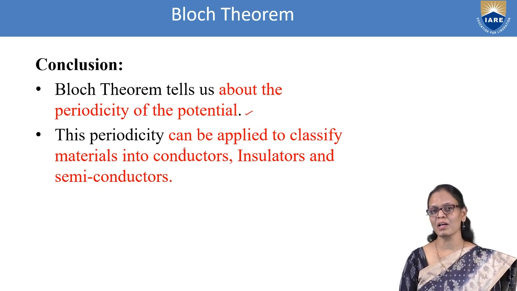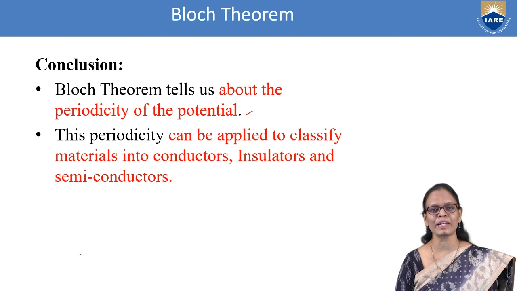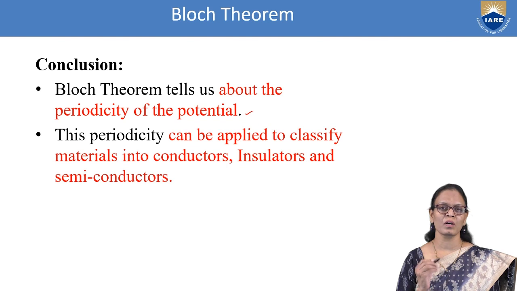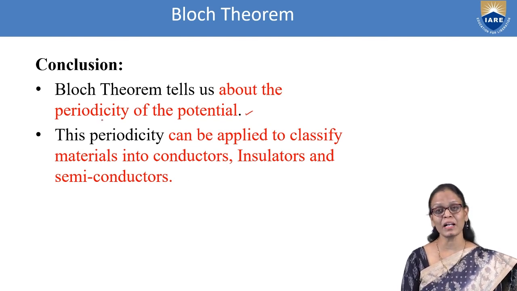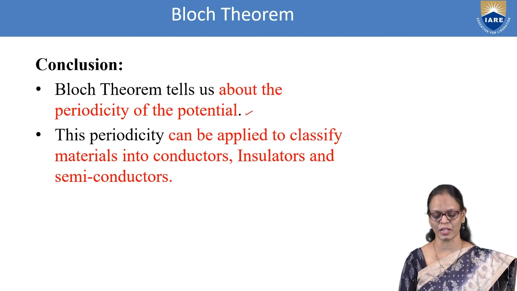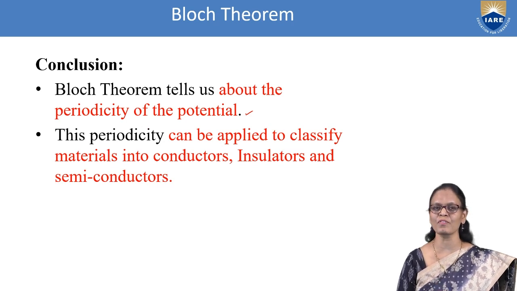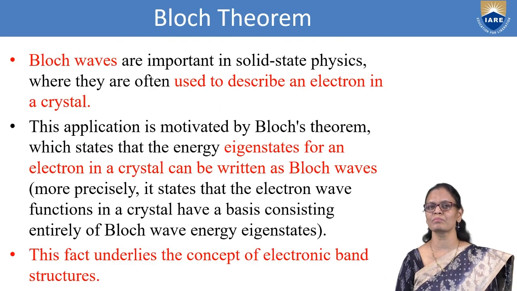Because of the oversimplified assumption that the electron moves in a constant potential, they could not explain the classification. Now, by considering the periodicity of the potential, this classification into conductors, insulators, and semiconductors could be very well explained. So, this forms a basis for the band theory of solids. That is why Bloch theorem has a lot of importance, because it forms a base for band theory.